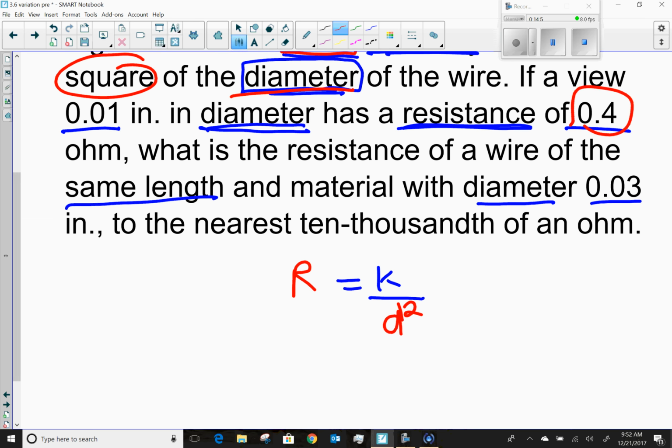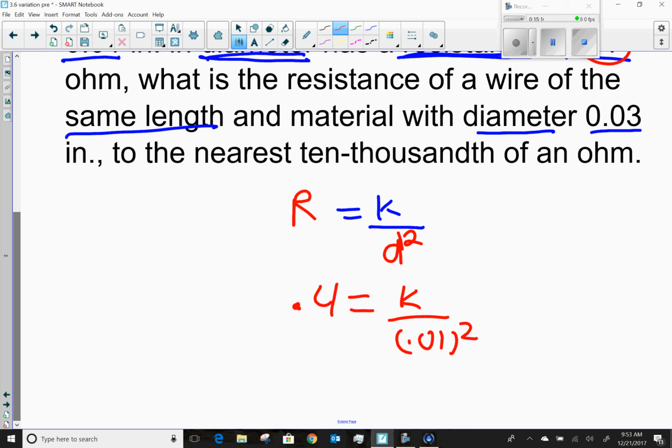Resistance of 0.4, over our diameter, which is 0.01. So we have to square 0.01, take 0.01 times itself, and that will give us 0.0001, three zeros.